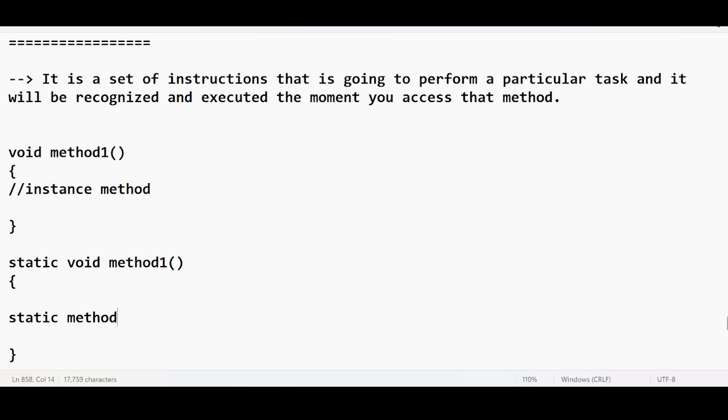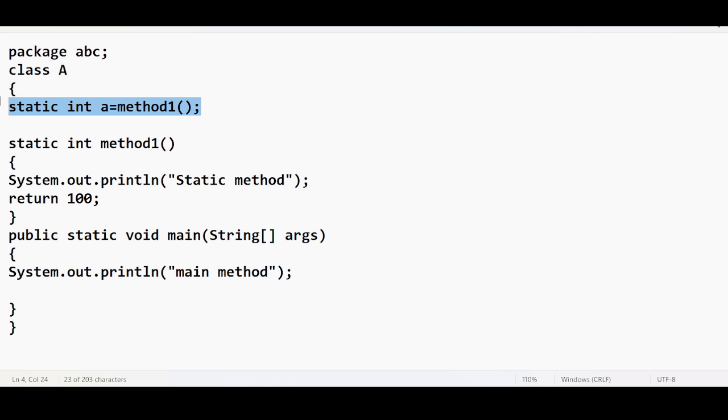Okay, now look at the theory. Theory says it is a set of instructions that is going to perform a particular task, and it will be recognized and executed the moment you access that method. But the question is, how do we access this method? So let us understand that. Let me remove all this. I'm going to take only one static method here. Static void method one.